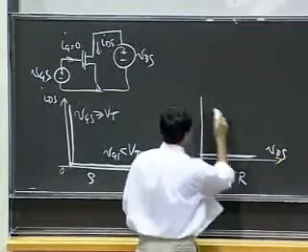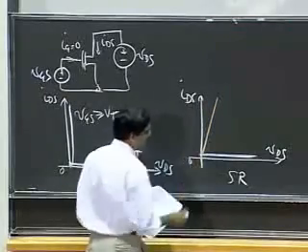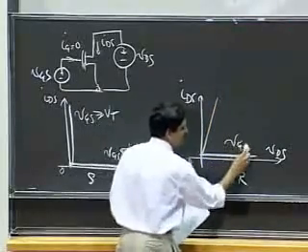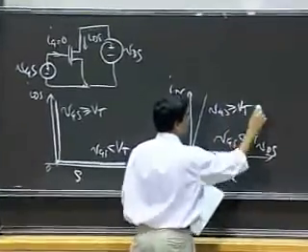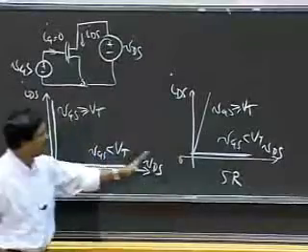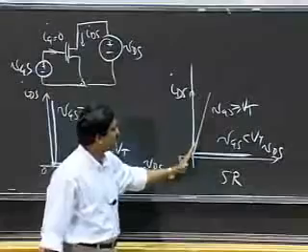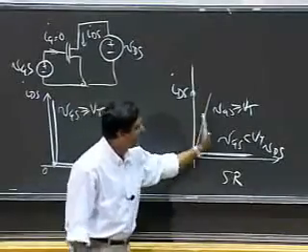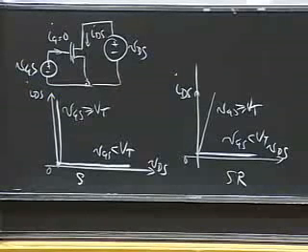So VDS, IDS, and this was when VGS less than VT and VGS greater than or equal to VT. I have some resistance, and that showed me a straight-line behavior. So far, absolutely nothing new.